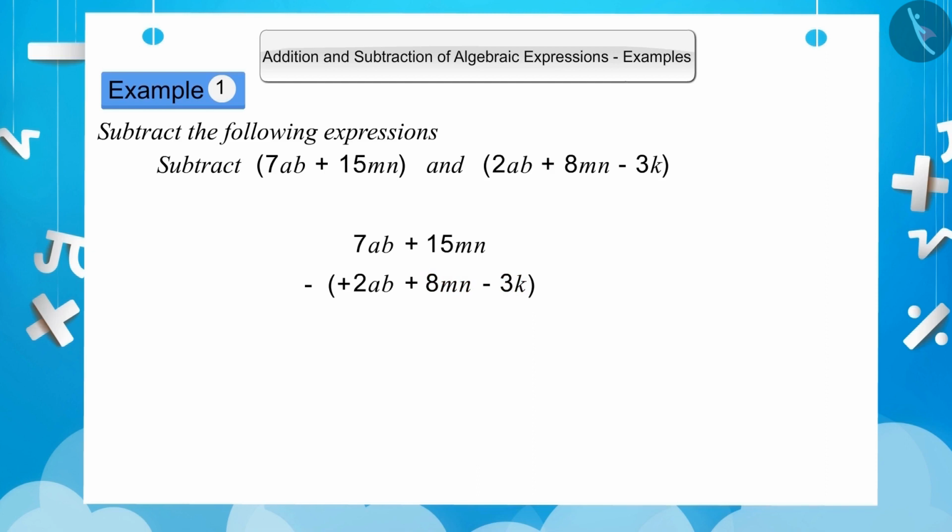It is to be noted here that the signs of the expression below become opposite. So 2ab will be -2ab, 8mn will be -8mn, and -3k will become +3k. Therefore, by subtracting these terms, we will get 5ab + 7mn + 3k.